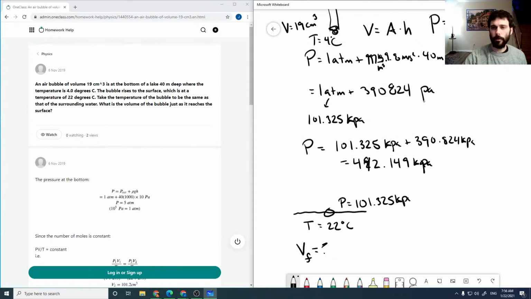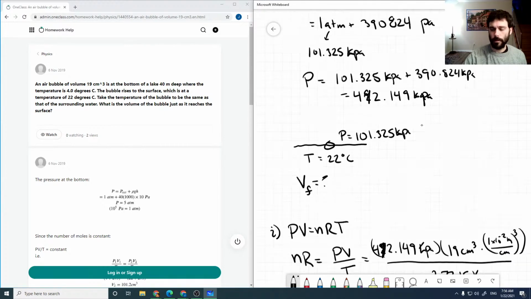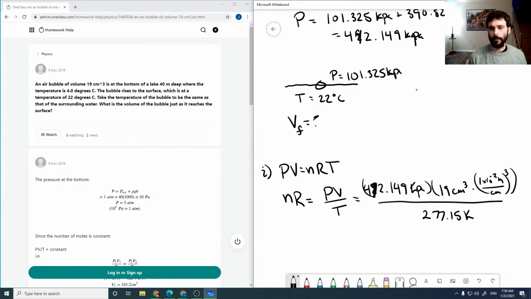So our temperature is 4 degrees, which is 277.15 Kelvin.